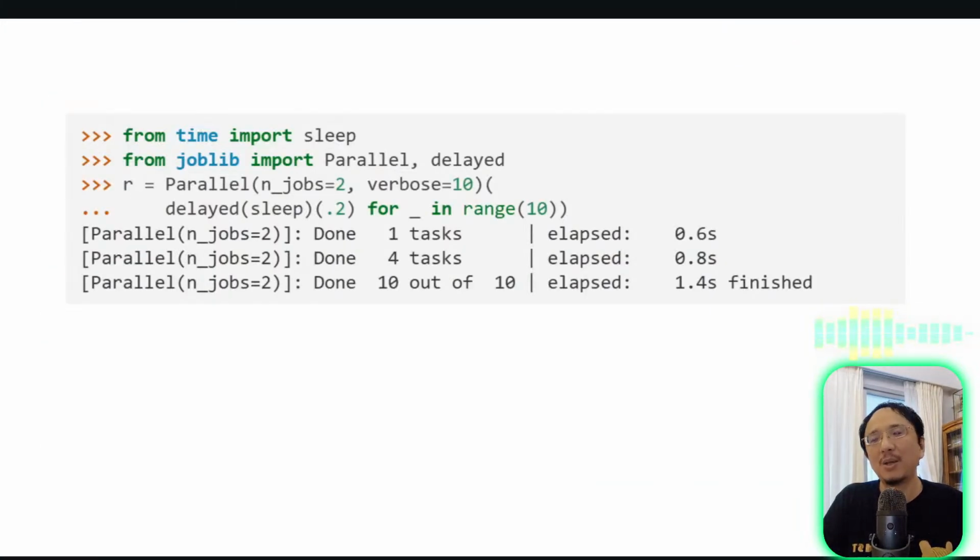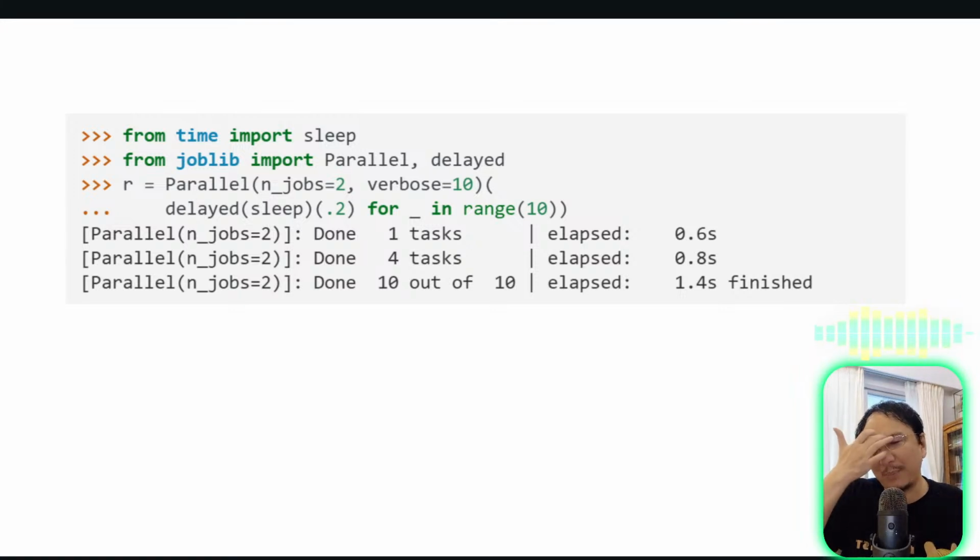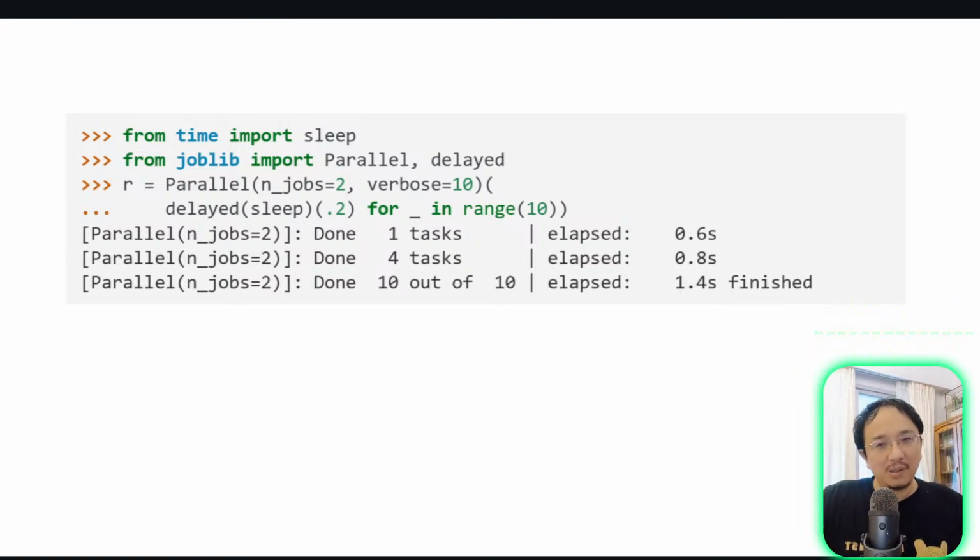Probably I put it right here, in the next slide. You simply write a function and use Parallel with n_jobs equal to 2, and it will do the work in parallel in Python. Python is notoriously difficult for multi-threading, so you have to do multiprocessing, and multiprocessing can give you a headache when you want to pass data through.